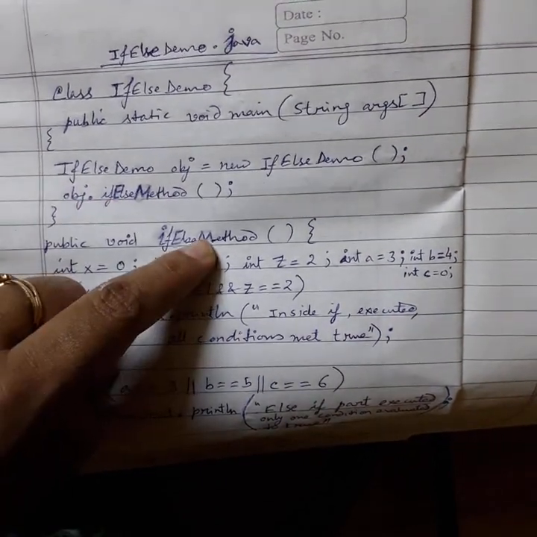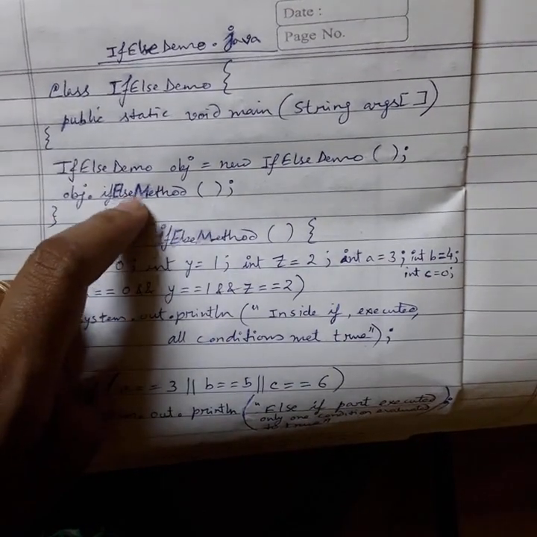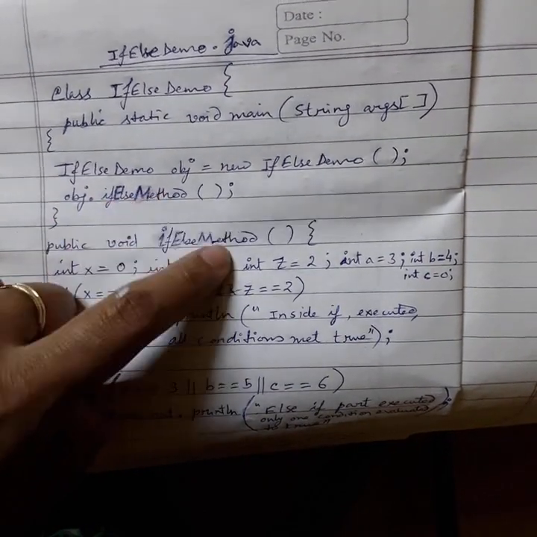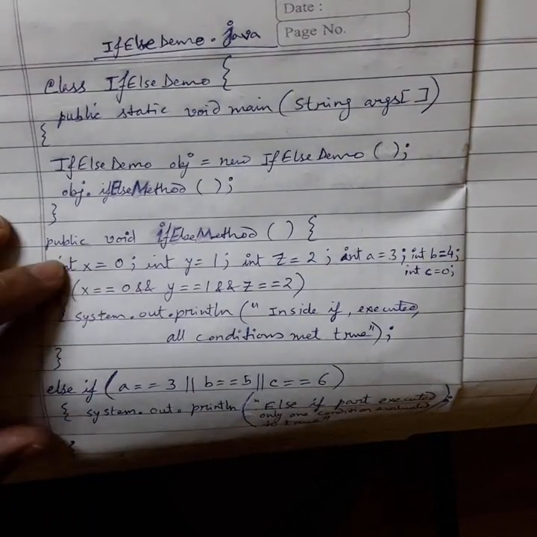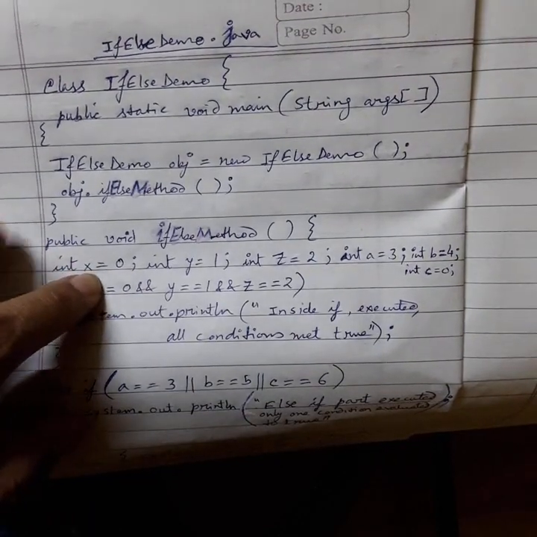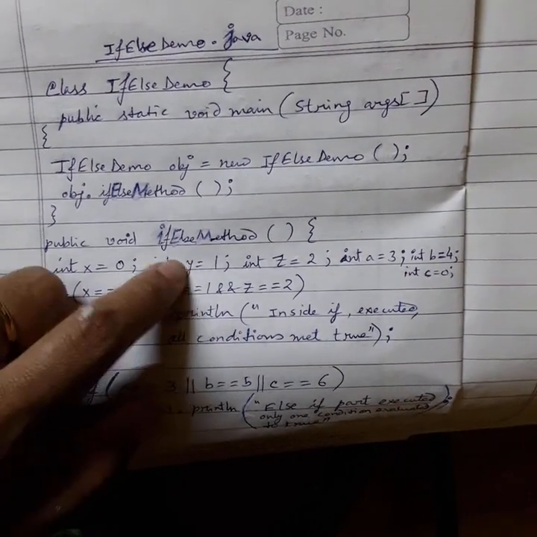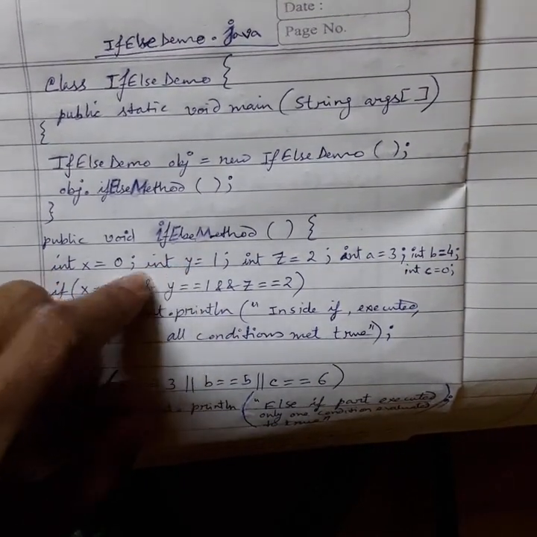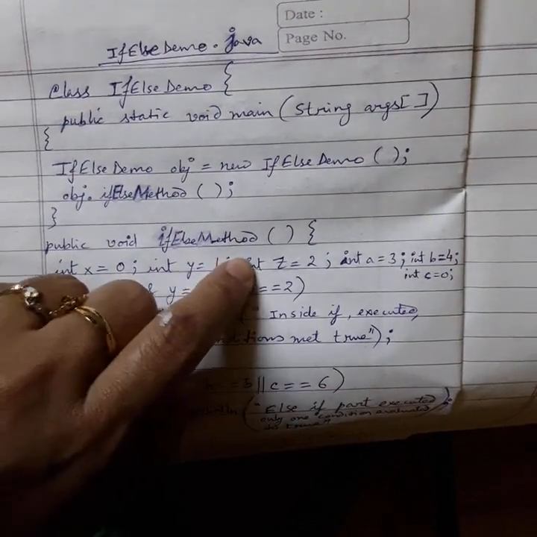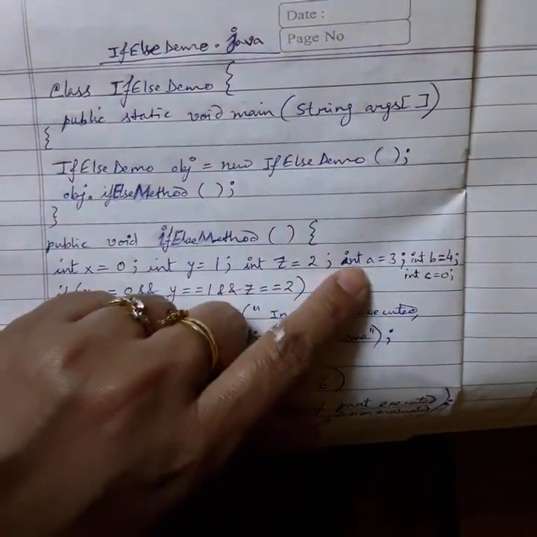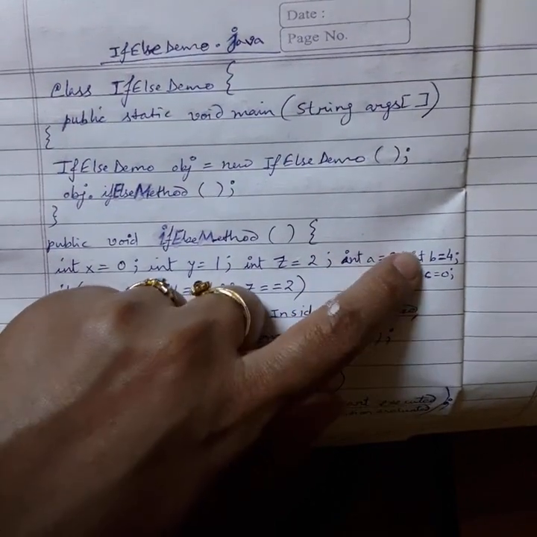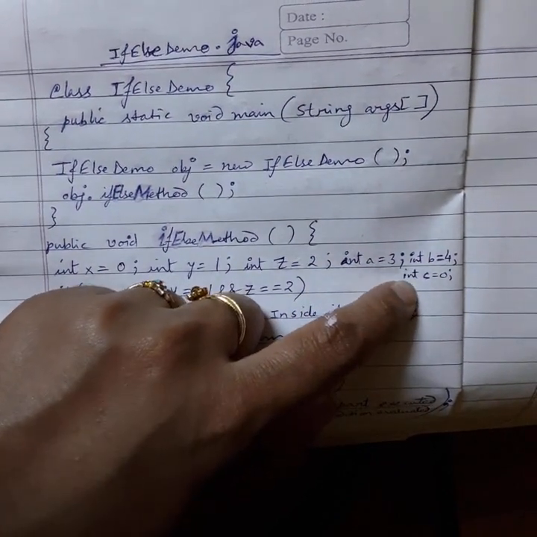I invoke this method via this statement. This method is invoked and we enter this method, and the variables x and y are declared and get initialized to the initial values, and z, then a, b, c variables.